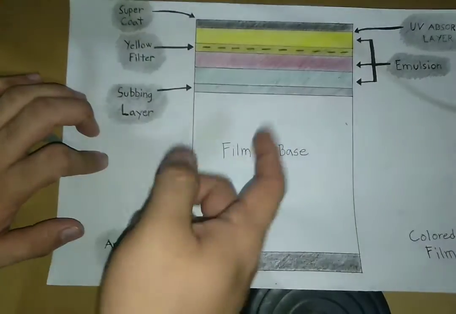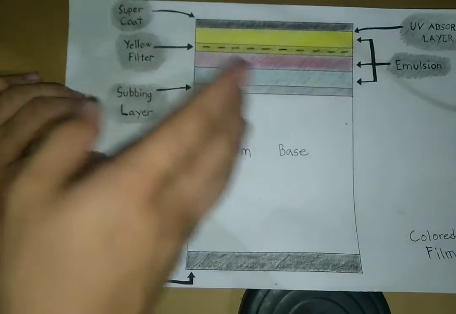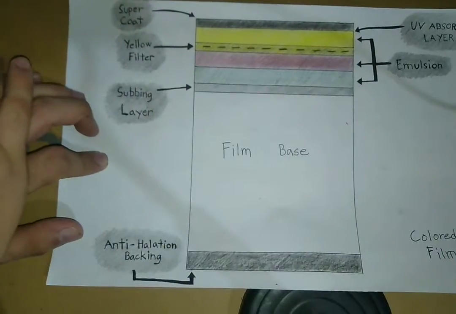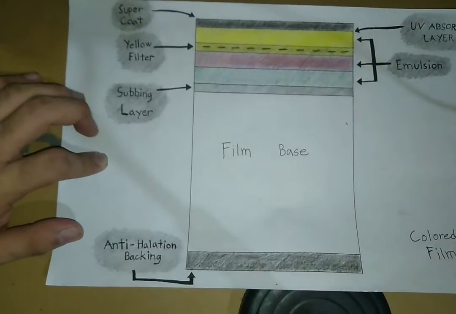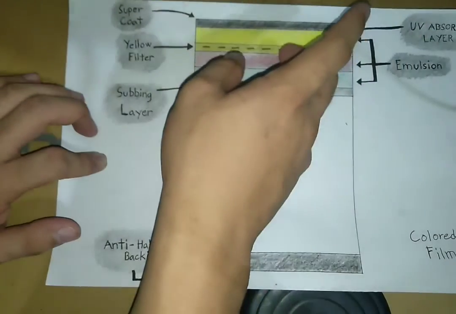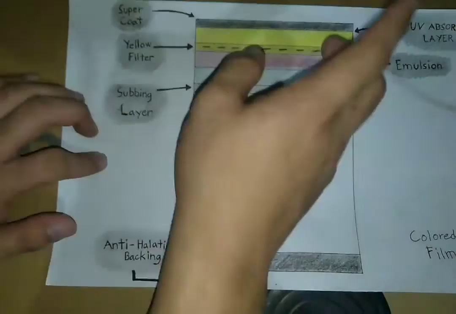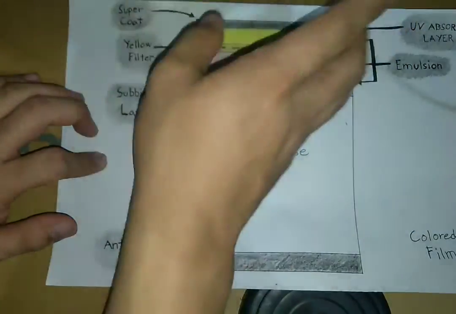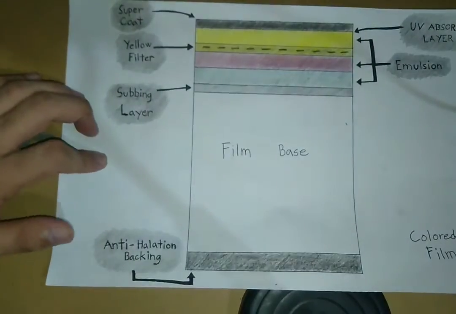Meaning to say, like what I explained to you in the black and white film earlier, the work of this is to help the emulsion process the color more efficiently.